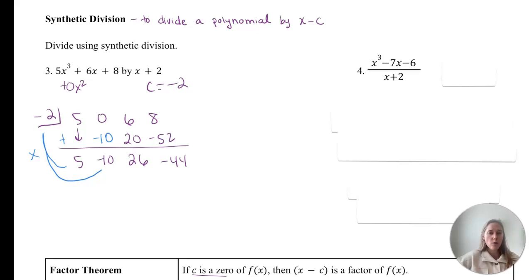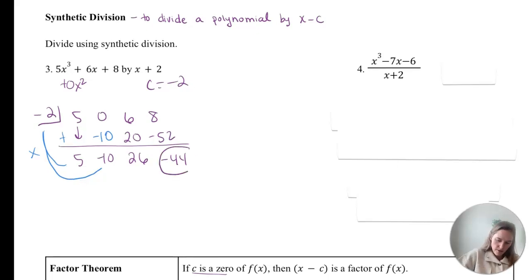Okay, so if you get a number here at the very end, that means you have a remainder. So that will be our remainder. So the final step is just to take these numbers and write it as our quotient, or our answer. So we started with an x cubed and we divided by x, so that means the power of our quotient will be x squared, because we subtract the degree of the dividend minus the degree of the divisor.